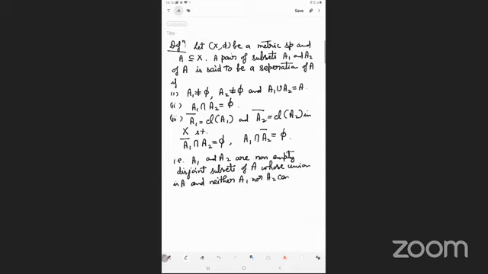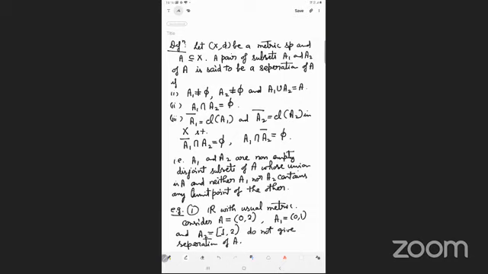So we can say that these subsets A1 and A2 do not give a separation of A. Here you can say that A1, A2 satisfy number one, that is A1 is different from phi, A2 is different from phi, and A1 union A2 is equal to A. That's true.